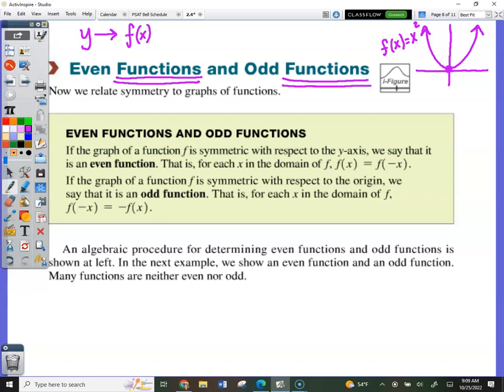This box is where you get all of your most important info, but when you first look at it like that, you probably can't decipher what it's saying. We're learning two new vocab words. Even function, odd function. And no, it has nothing to do with the numbers being even or odd.